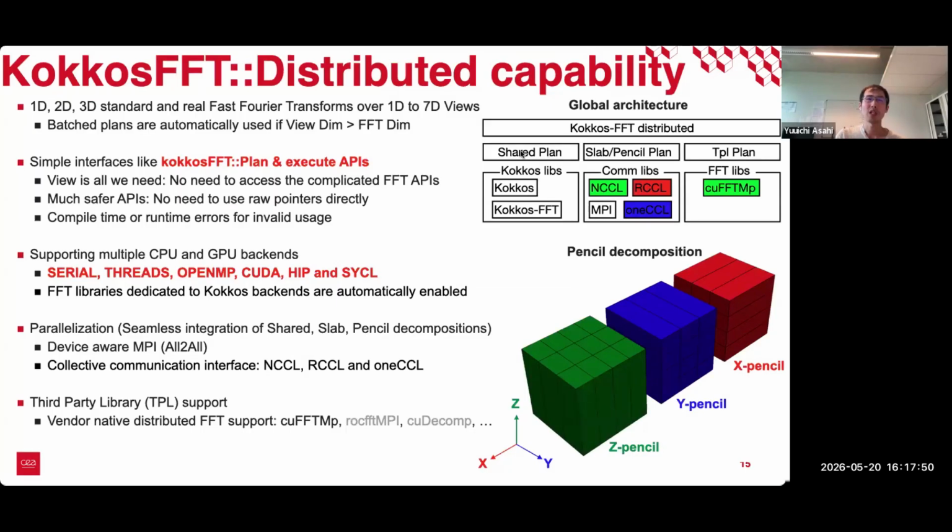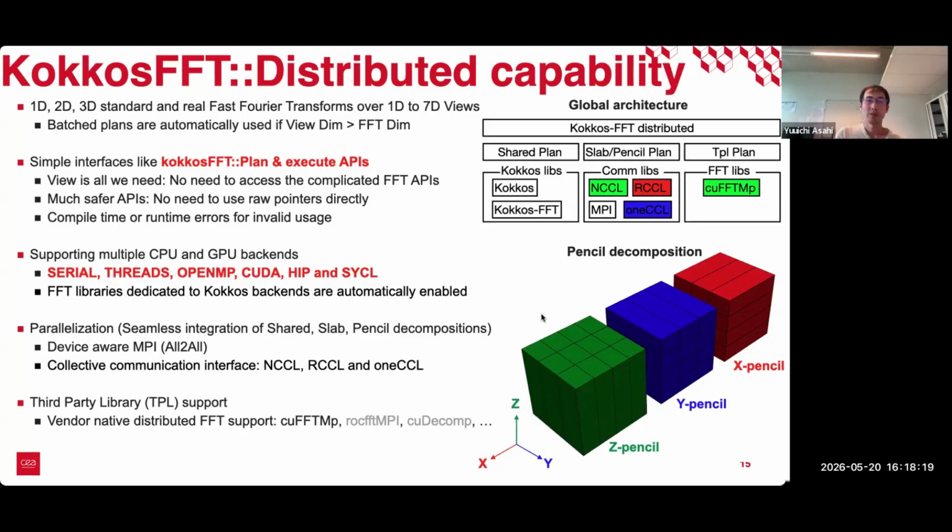The shared plan is the embarrassingly parallel case. We also have the TPL plan, which supports calling vendor native libraries like cuFFT and others. In the back end, we have Kokkos and Kokkos-FFT for the execution of the FFT and the Kokkos current port. And for communications, we have multiple options like MPI or device collective libraries.